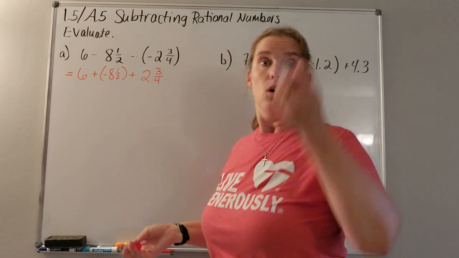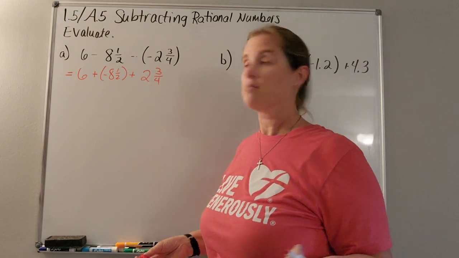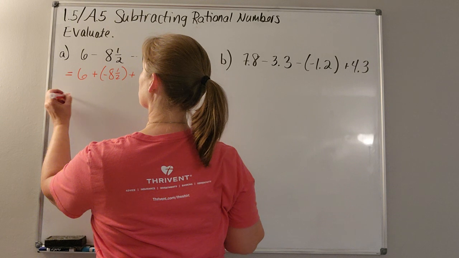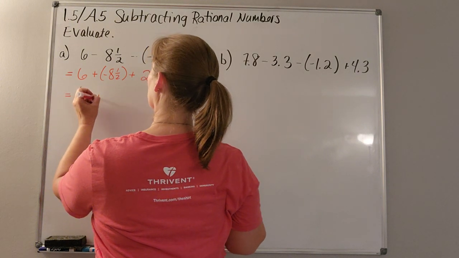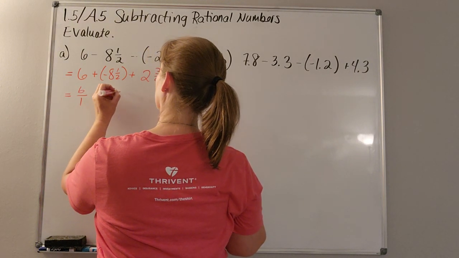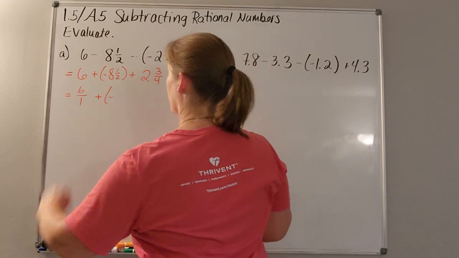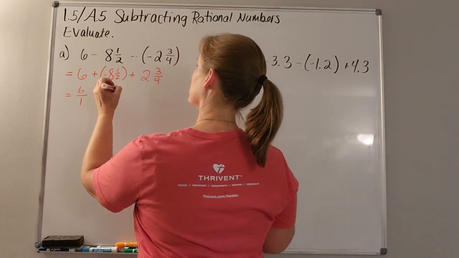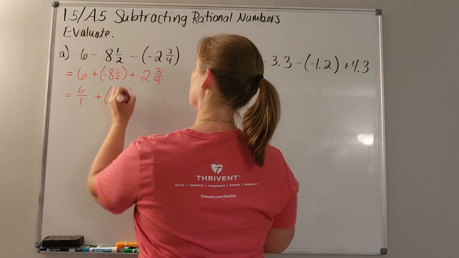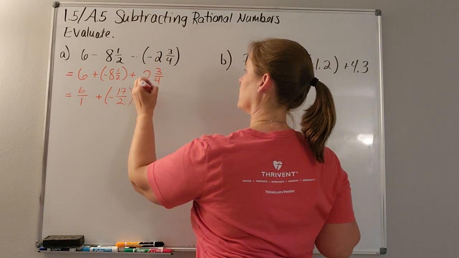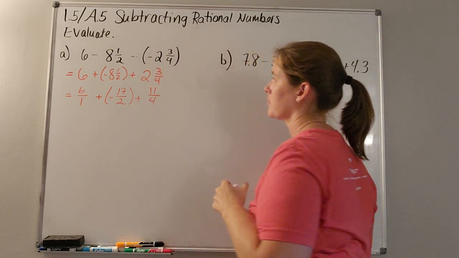Now, let's write these as improper fractions. Alrighty, so 6 is 6 over 1 plus negative, not 8.5, 8 times 2 is 16 plus 1 is 17, negative 17 over 2 plus 4 times 2 is 8 plus 3 is 11, 11 over 4.